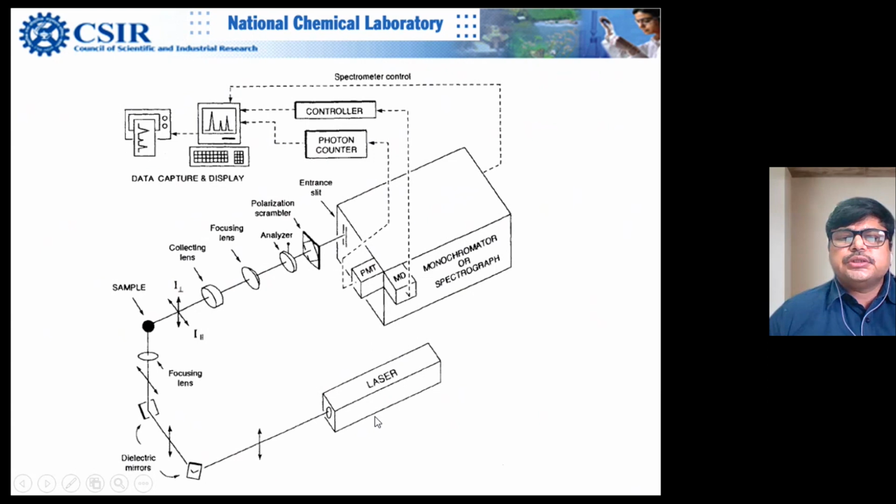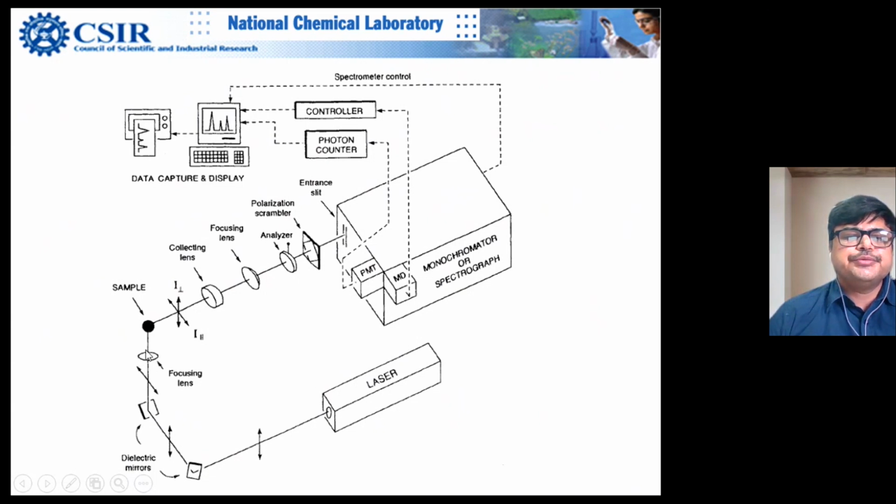It can change from company to company, and sometimes these systems are highly modular, so you can design your own setup. You have a lot of flexibility. So here is the laser, and then you have linearly polarized light. Then this goes to the dielectric mirrors, and then another mirror.